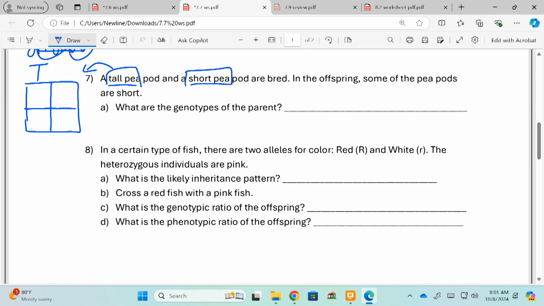The short is the recessive, and so that means that we know what their genotype is. They have to have 2 of the recessive allele. So it'll be something like this, okay? And it wants to know what are the genotypes of the parents if some of the pea pods are short in the offspring, okay? Well, let's fill in what we know.